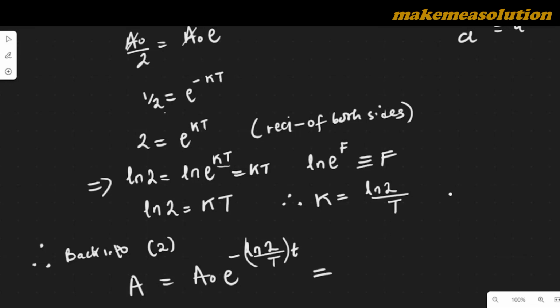Okay, so if you rearrange this, you get a naught, then minus t, now have ln 2 like this over t. Anyhow you want to arrange it, it's still the same thing. All of them are just related by product and division.